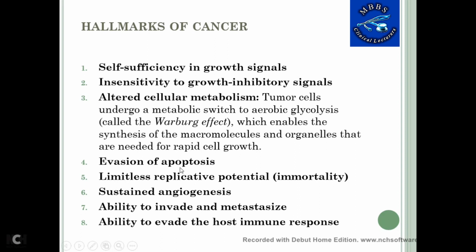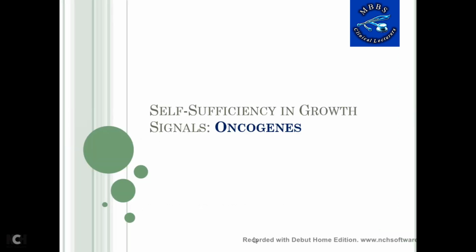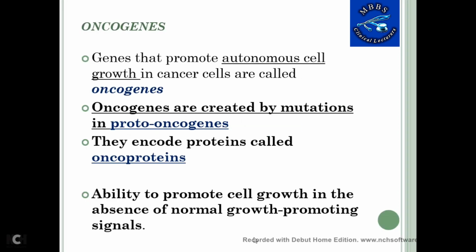Evasion of apoptosis, they skip the apoptosis. They do not respond to anti-apoptotic genes. Then they achieve immortality because they have an excessive replicative potential. They keep on multiplying, keep on undergoing the mitotic phase. Sustained angiogenesis, as I just explained to you in the picture, they can invade and metastasize, yes, and they can also escape the immune system response against these tumor cells.